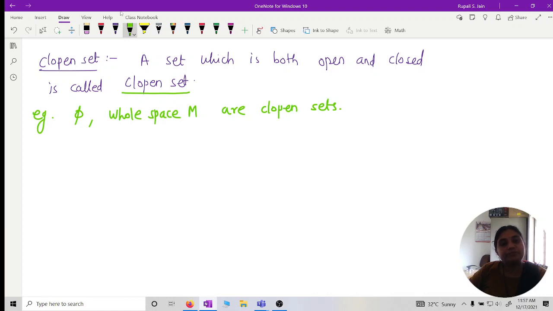Is a singleton set clopen? It depends on the space. Which space are you talking about? Suppose you take a discrete metric space, what do you know about it? Every subset is open.